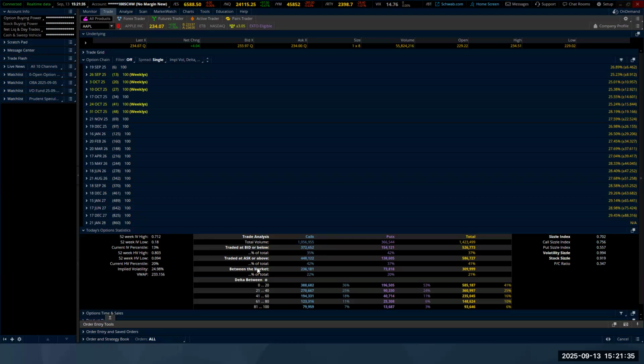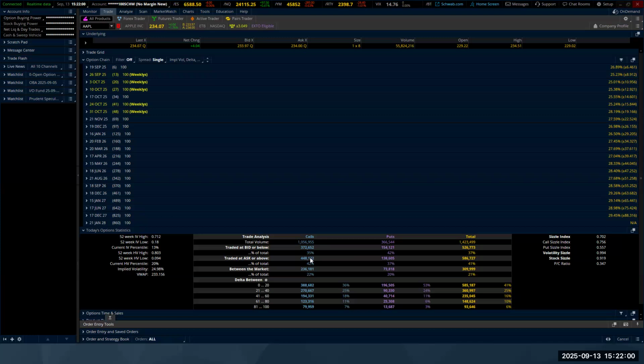You can see here in the option statistics a lot of useful information if you want to understand what's going on. On Friday, we had about 1 million calls in Apple trading, and 372,000 of them were at the bid or below. 448 were at the ask or above.